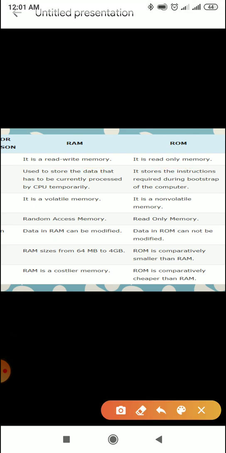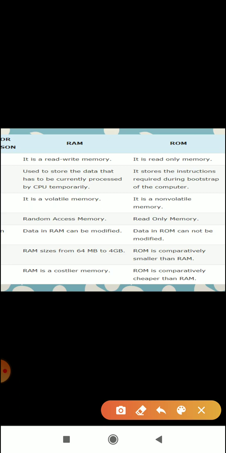Next, RAM is used to store data that has to be currently processed by the CPU temporarily, and ROM stores the instructions required during the bootstrap of the computer. RAM is volatile, ROM is non-volatile. Volatile means the data will not be there if the computer is switched off, and non-volatile means data will be there.